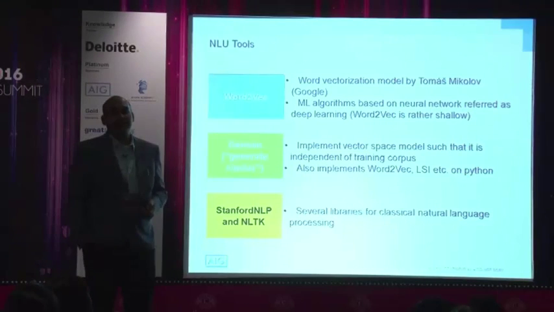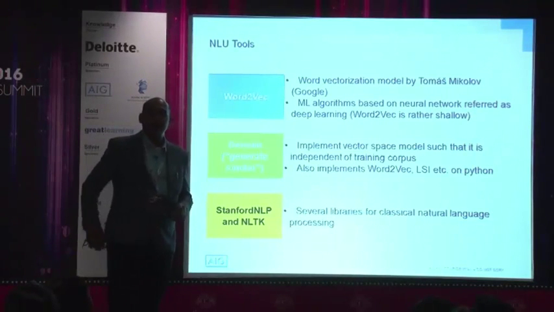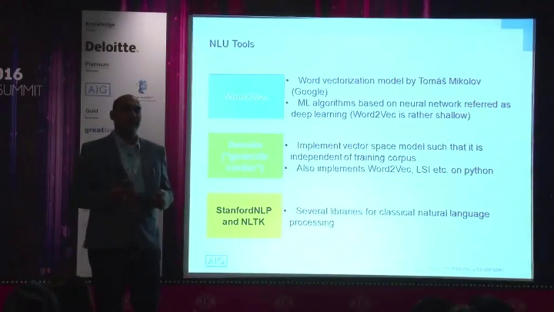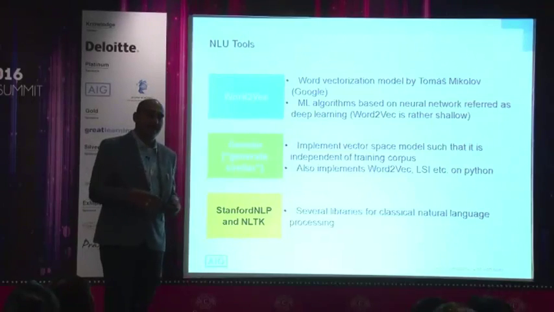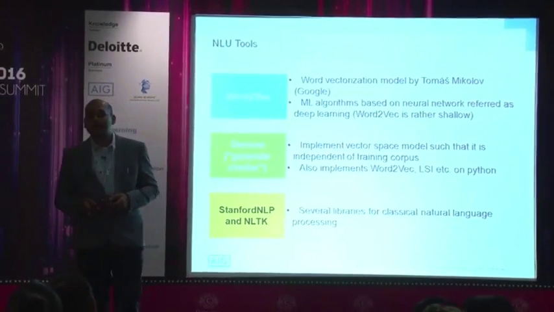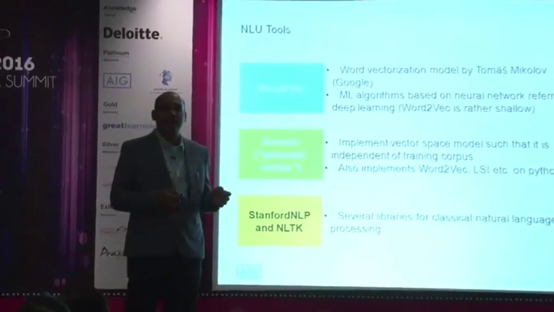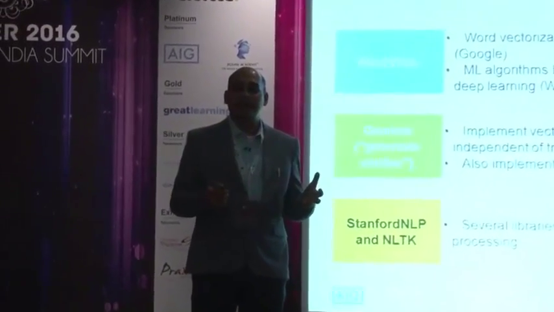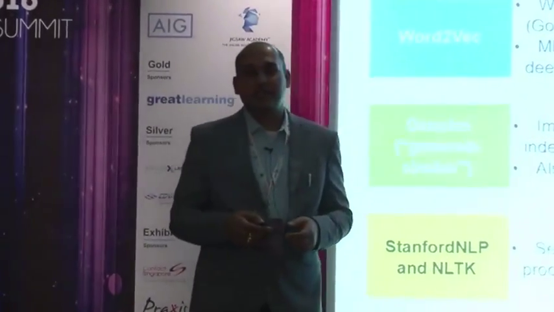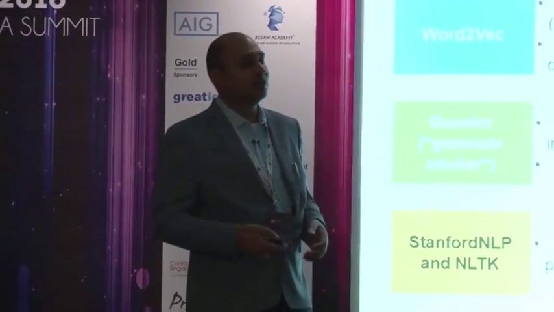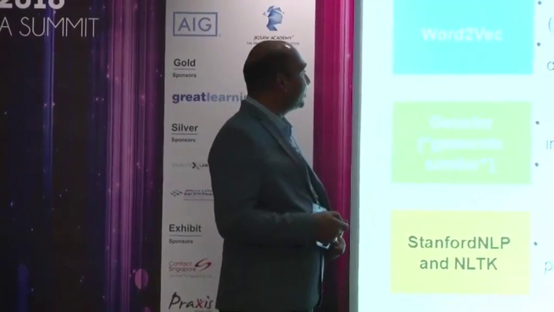GloVe is an acronym for global vectors, and what GloVe does is it kind of demystifies word2vec, and it creates the factorization matrix, and they also provide a lot of intuition in terms of how this works.